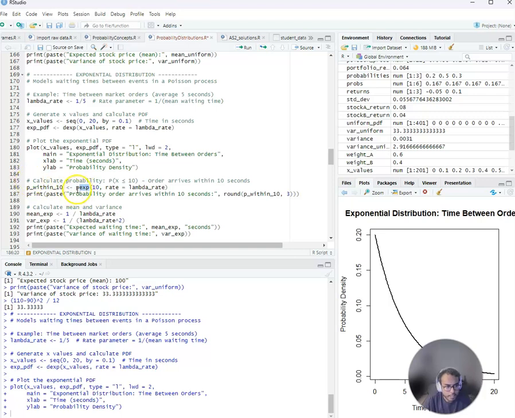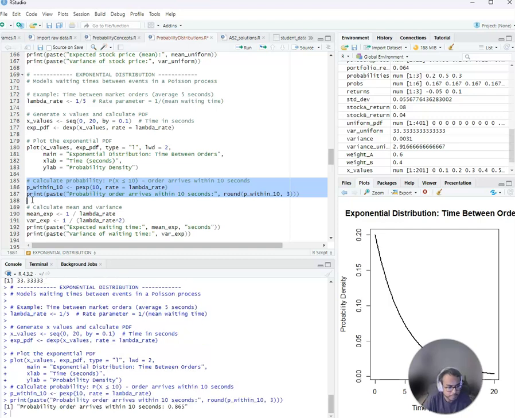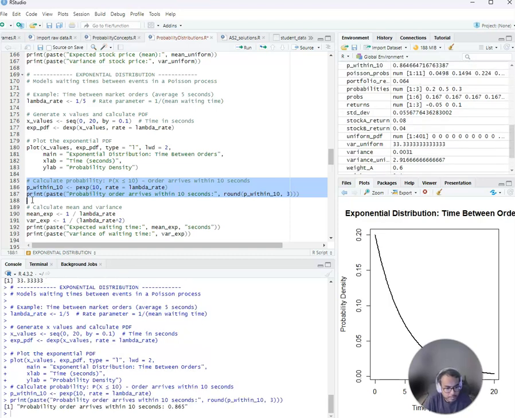So I define the function, plug in the threshold, and specify the parameter, and I get the cumulative density. So the area under the curve up to this value 10 is 0.865. So there is an 86.5% chance that the order will arrive within 10 seconds.